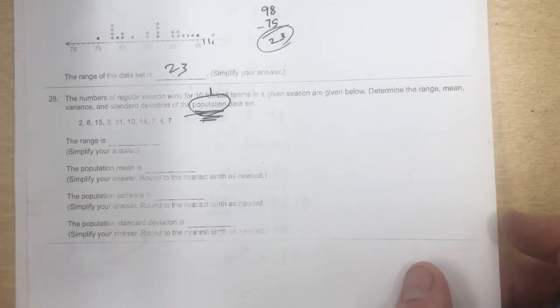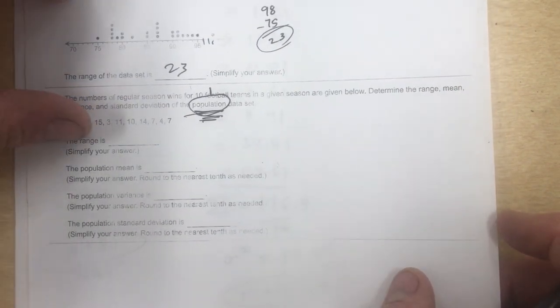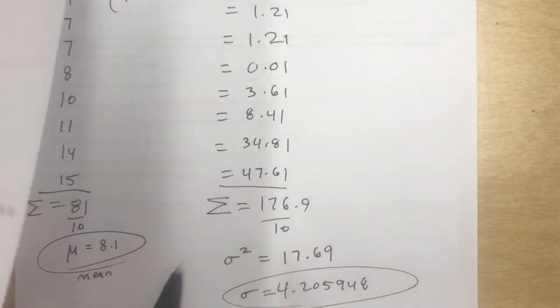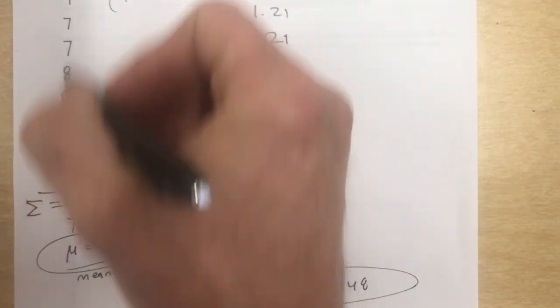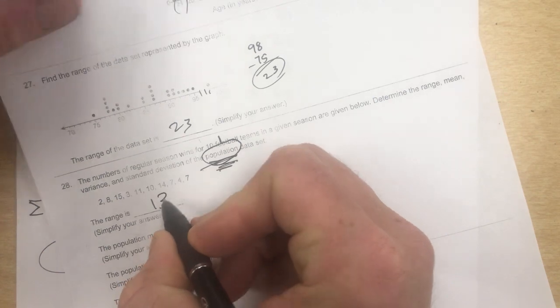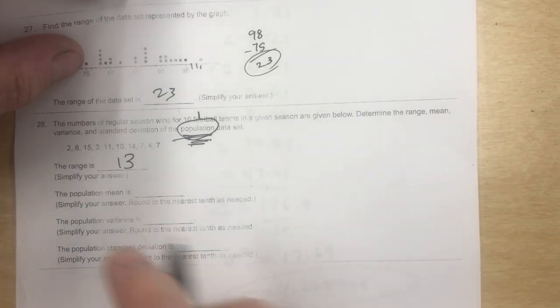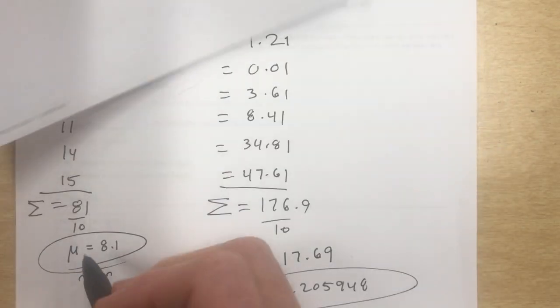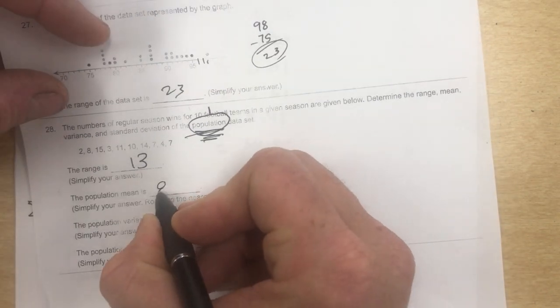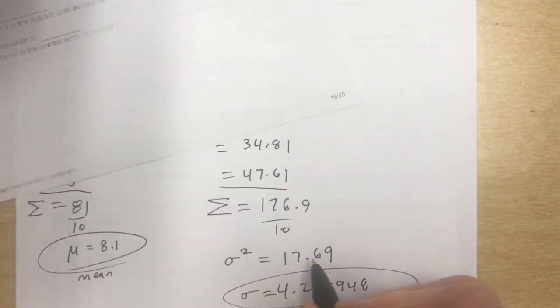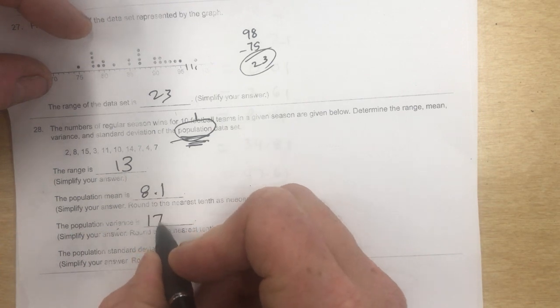All right, so going back to the problem. The problem says find the range. We did that, right? Or we didn't do it. No. 15 minus 2 would be 13. The population mean, right here's the mean, 8.1. The variance, right there, 17.69.